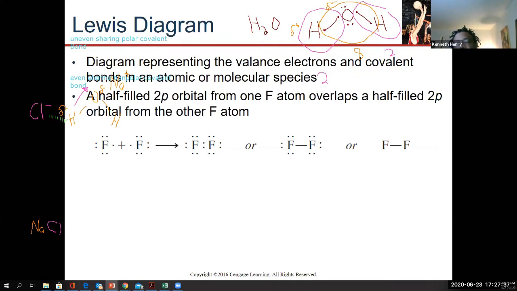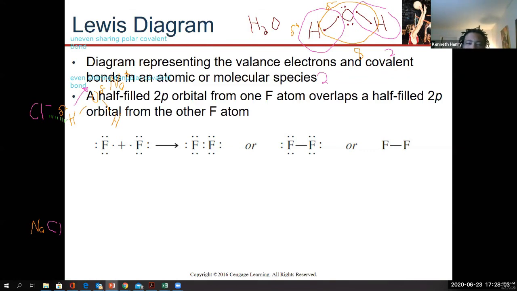Okay, so it's allowed to reach its octet, and so it's able to form a bond. When you have two elements coming together, they're going to try to form a bond with each other so that they're sharing electrons. So if two non-metals come together, they're going to want to share electrons.